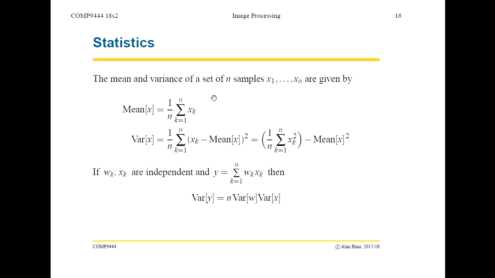Well, in general, if we measure n random variables, x1 up to xn, and we add up n variables, the means get added up and the variances get added up, right?